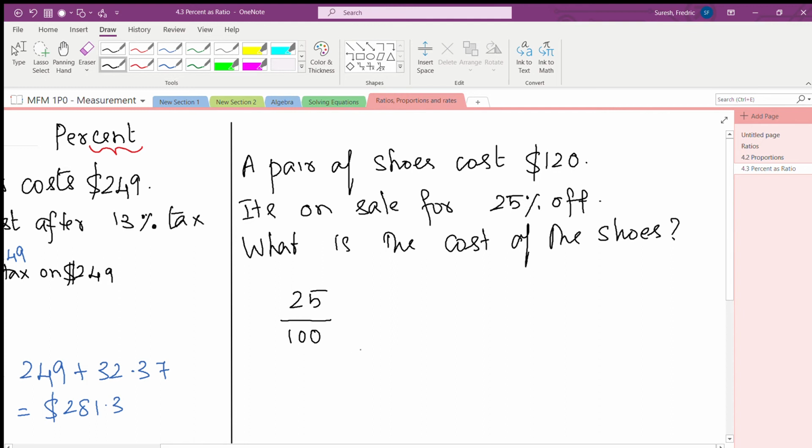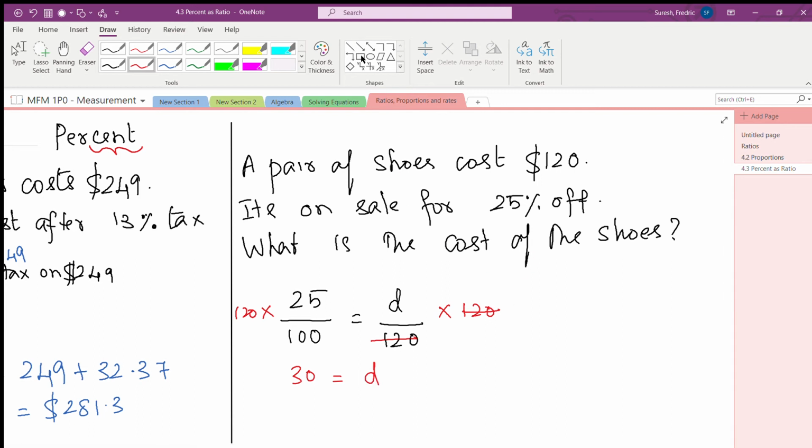So what is the actual discount that you save? That would be D dollars discount out of 120. Once you have this set up, you can get rid of the 120 on both sides, so cancel, cancel. If you put this into your calculator, you will find that the discount is $30.